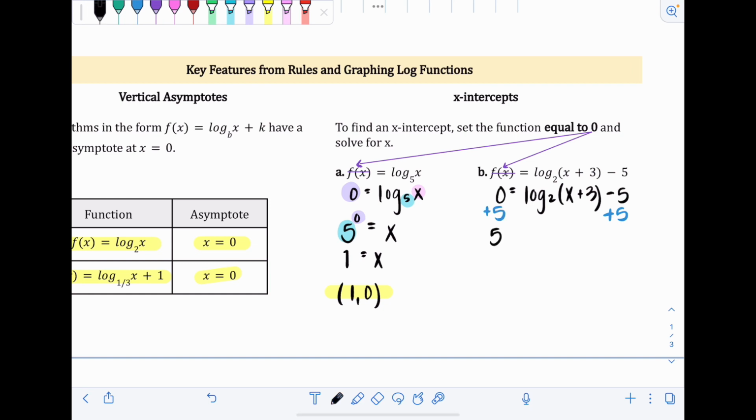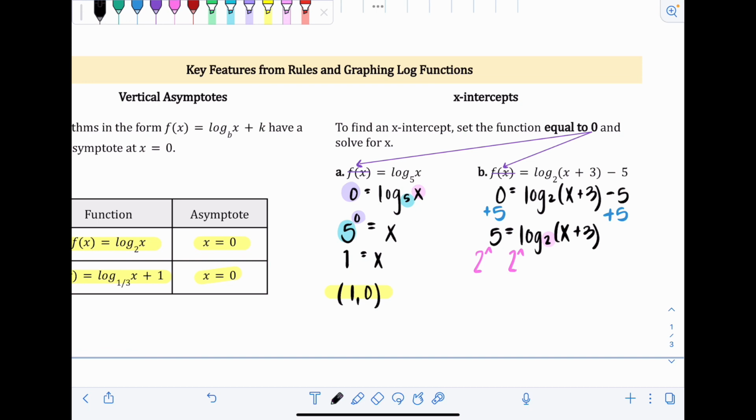So 0 plus 5 would be 5 equals log base 2 of (x plus 3). And then if I want to cancel out the log, I have to exponentiate both sides by the same base. So the base of the log is 2, so I would have to exponentiate by 2. So it'd be 2 to the 5th equals 2 raised to the log base 2 of (x plus 3).